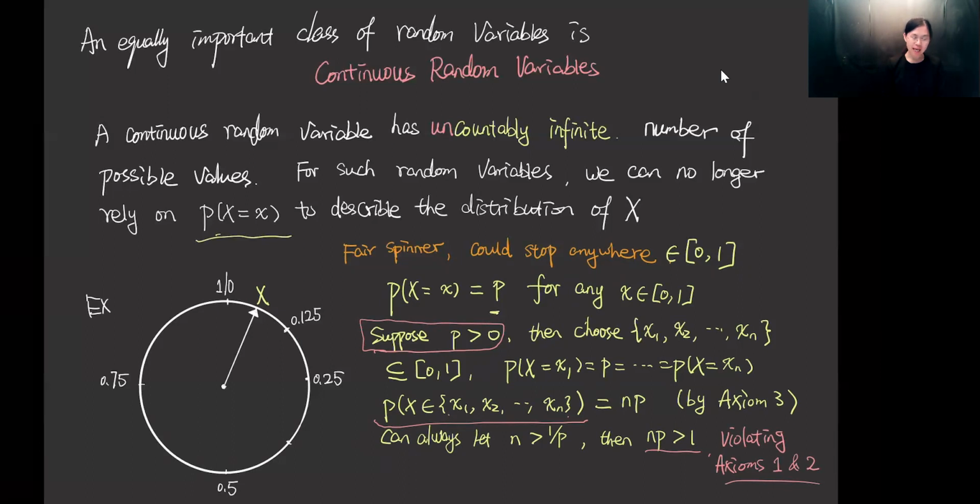So this random variable X, this continuous random variable, cannot have positive probability at any particular point on the circle.